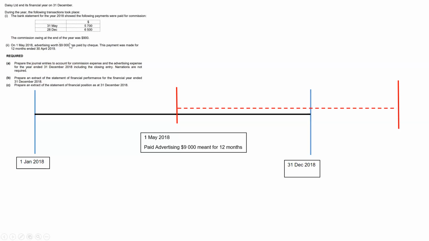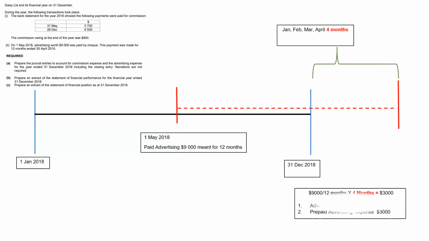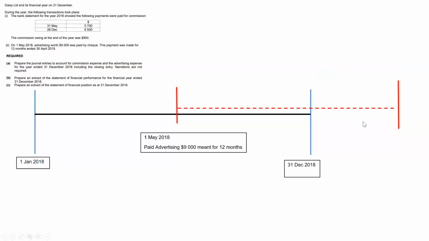And this payment, though we pay on 1st of May, is actually meant for 12 months. If you pay on 1st May, 12 months would mean that we are going to pay until 30th of April 2019.